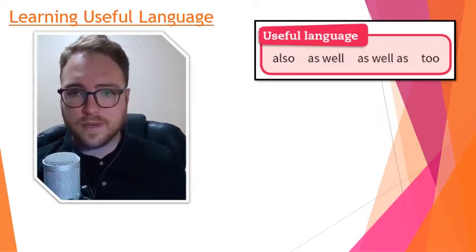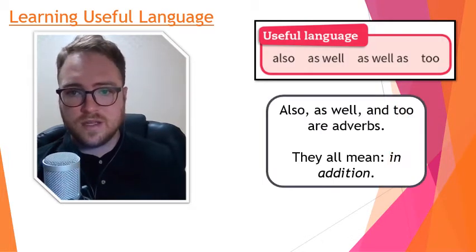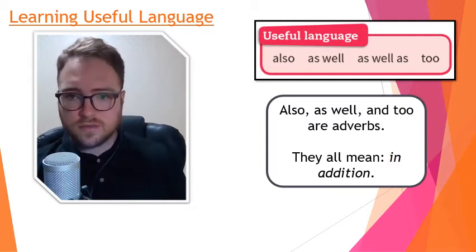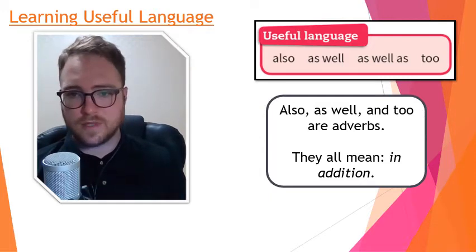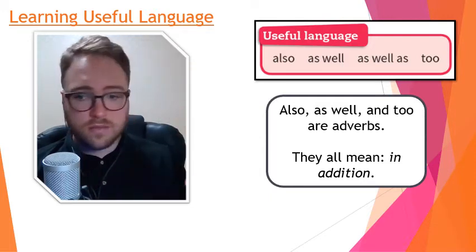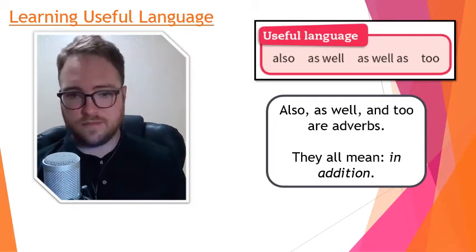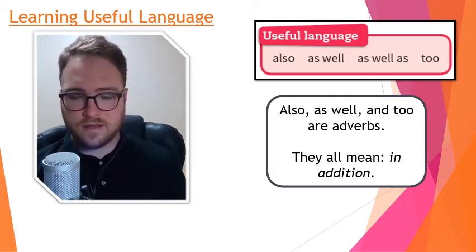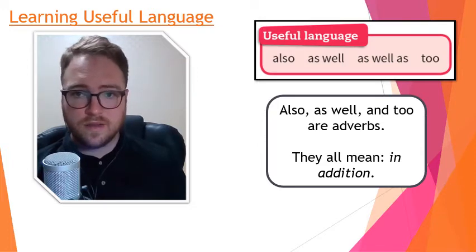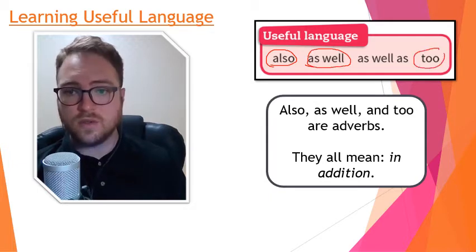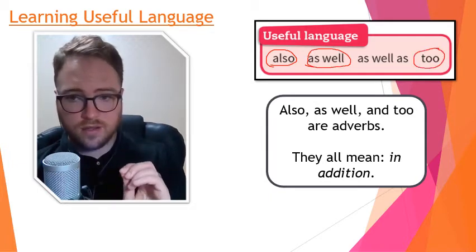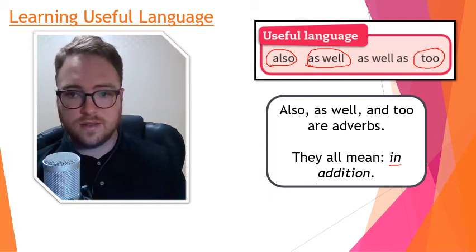All right, so here we have the words again. Also, as well, and to are adverbs, and they all mean in addition. So one more time, these words, also, as well, and to, all mean in addition.